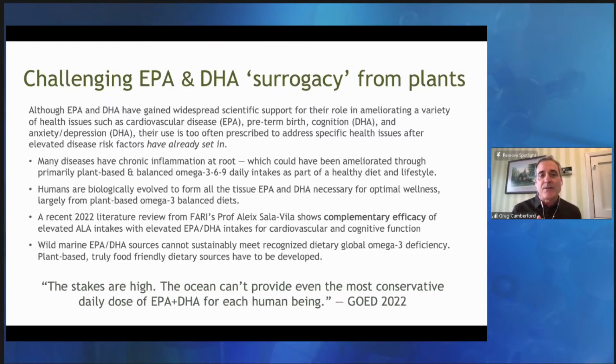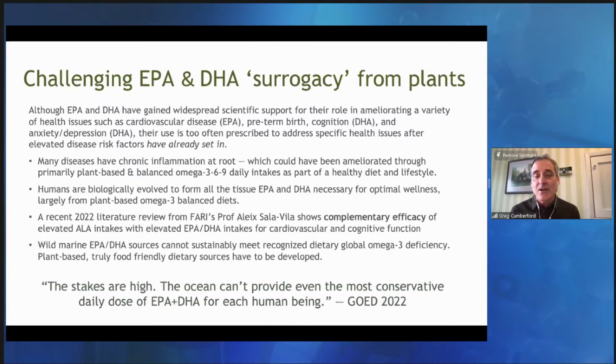But we contend that their use is often prescribed in a more drug-like way that is addressing more crisis issues once these disease factors have already set in. And many diseases, in fact, do have chronic inflammation at root, but they could have been ameliorated much earlier if a healthier, more balanced plant-based diet had been employed in the first place.